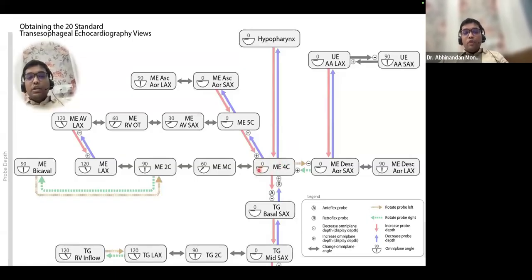While focusing on the mitral valve, if you change the omniplane angle to around 40 to 60 degrees, you will come to the mid-esophageal mitral commissural view. Then, if you change the omniplane angle to around 80 to 100 degrees, that is around 90 degrees, you will get the mid-esophageal two chamber view. From the mid-esophageal two chamber view, adding another 30 degrees, you get the mid-esophageal long axis view.